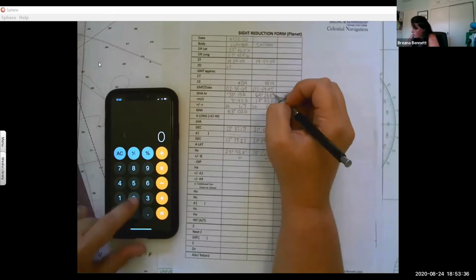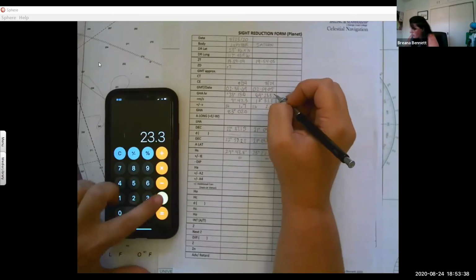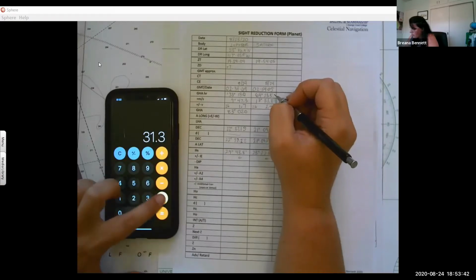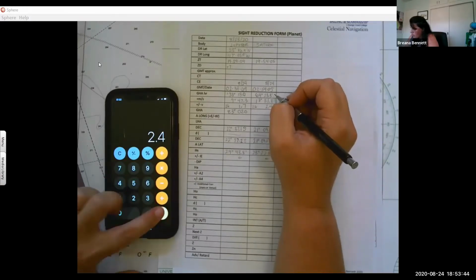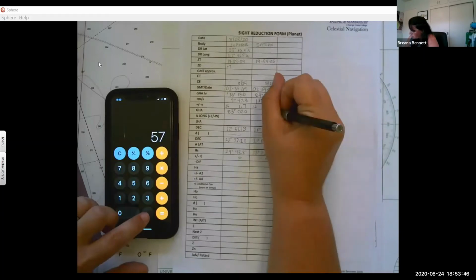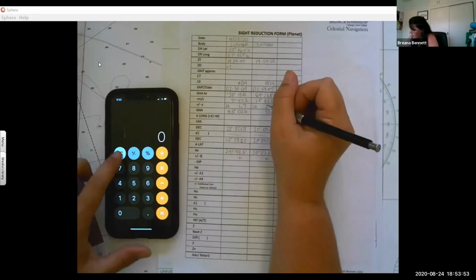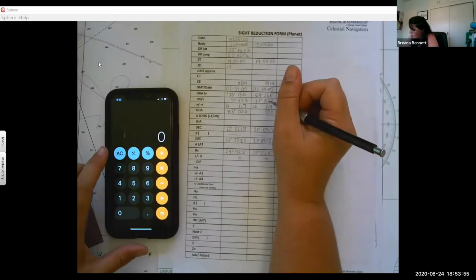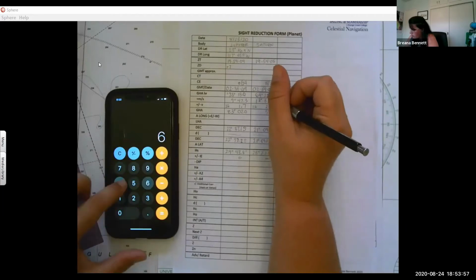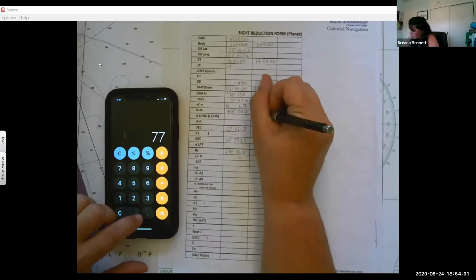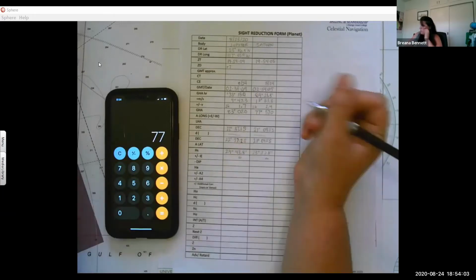I have 23.3 plus 31.3 plus 2.4 gives me 57.0, and 64 plus 13 gives me 77 degrees.